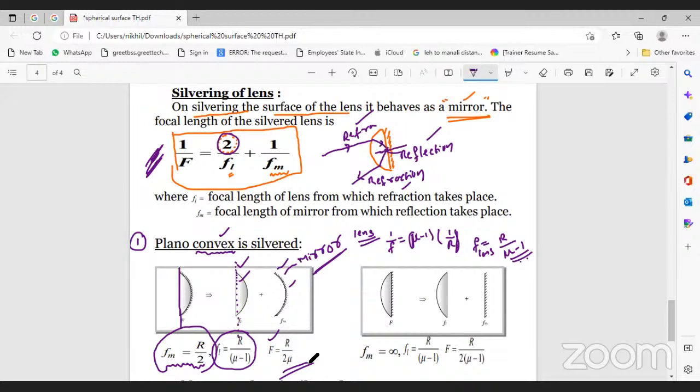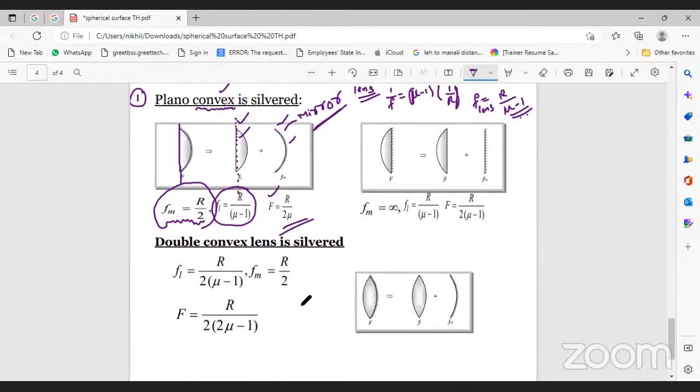Now I will just keep quiet. You have to give the explanation for this second case. For the second case, which surface is polished? In the second case, it is the plane surface that is polished, sir.